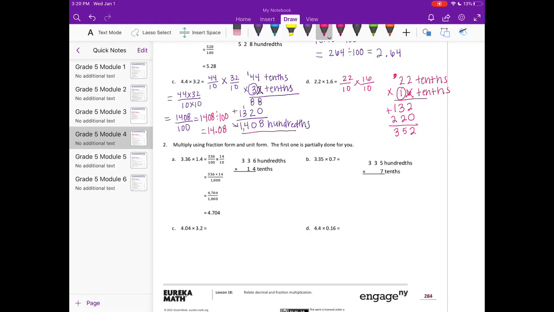And then if I continue multiplying, 22 times 16 over 10 times 10 would be equal to 22 times 16 was 352 over 10 times 10 is 100, so hundredths.